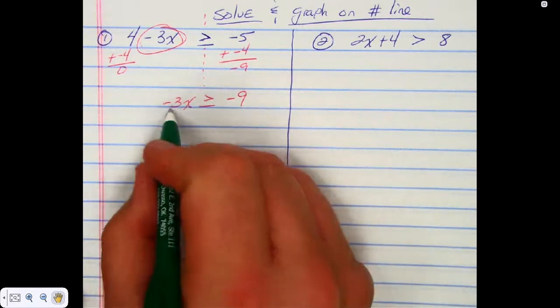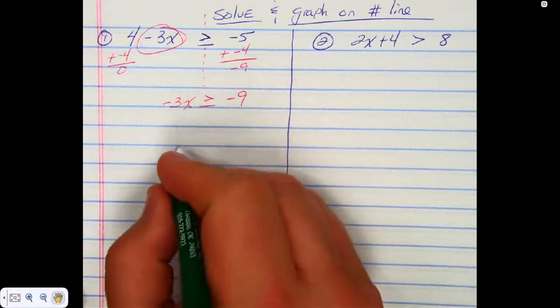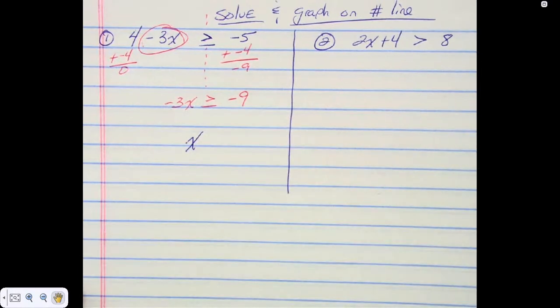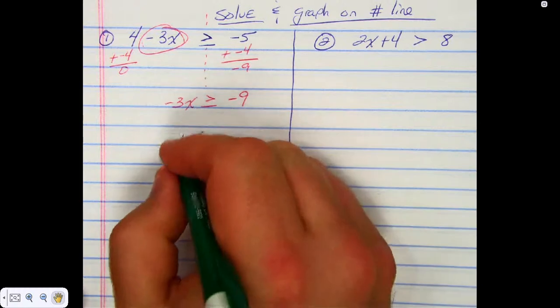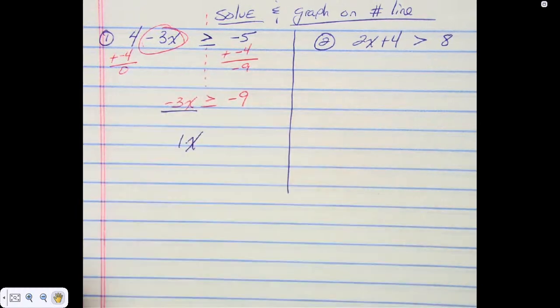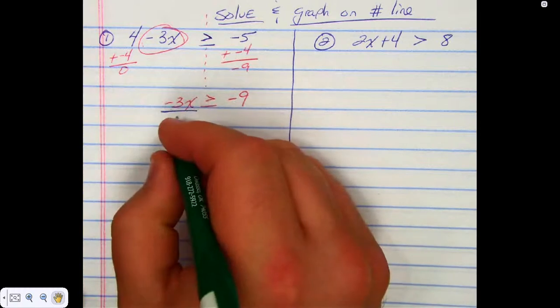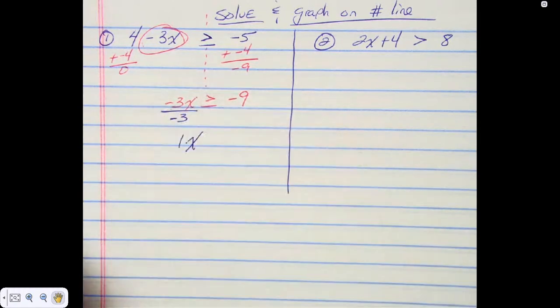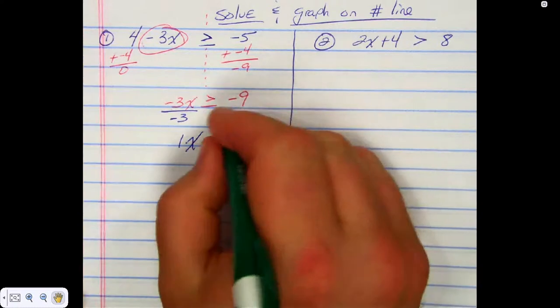Next step. I've got my variable term on one side, everything else on the other. I want to make this negative 3 into a 1, don't I? Everyone agree with that? How do I do that? Divide by whatever's in front of the x. What is in front of the x? Negative 3. So I divide by negative 3. If I divide the left side by negative 3, I have to divide the right side too.